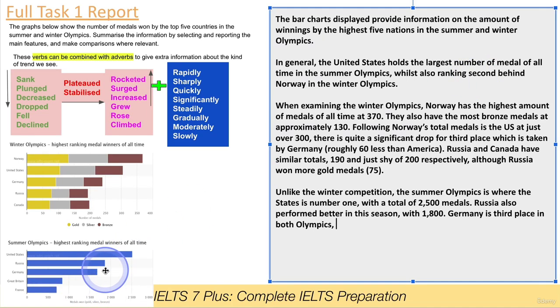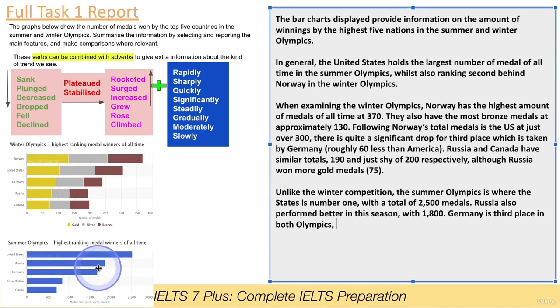And if Russia's at 1,800, then we could talk about Germany being about double this.